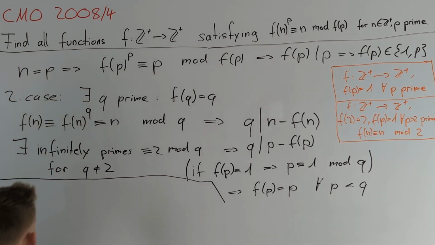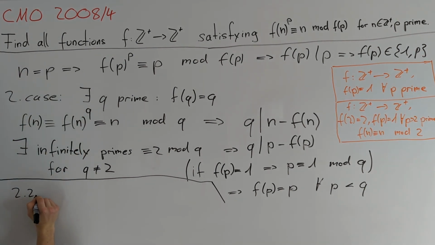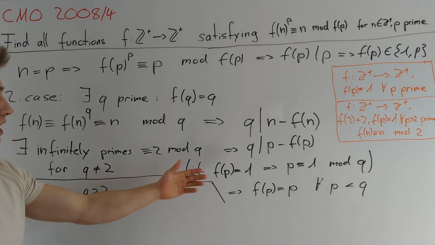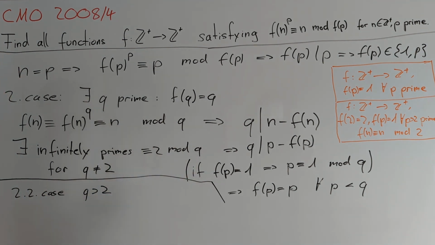So we are left with our last case in which we have that q is greater than 2. In this case we can make use of the argument I talked about before to conclude that f(p) is equal to p for all primes p.